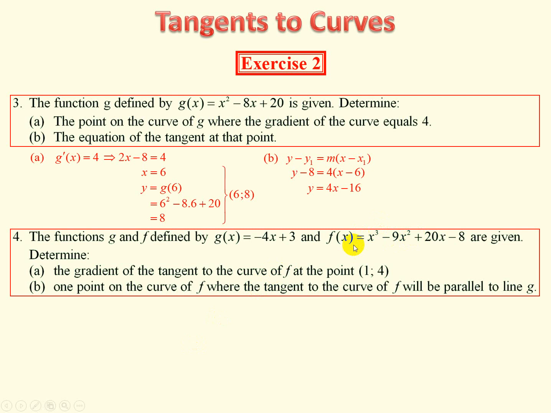Oh, it's this one, sorry. I was looking at the wrong one. That's g of x. Let's start again. We've been asked for the value of the derivative of f when x is 1.